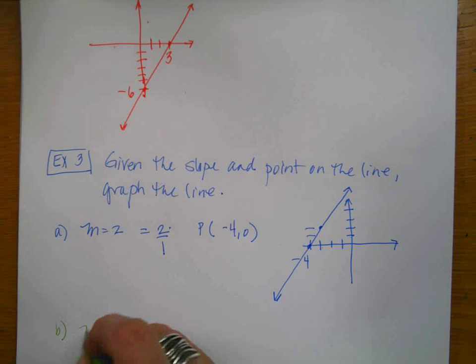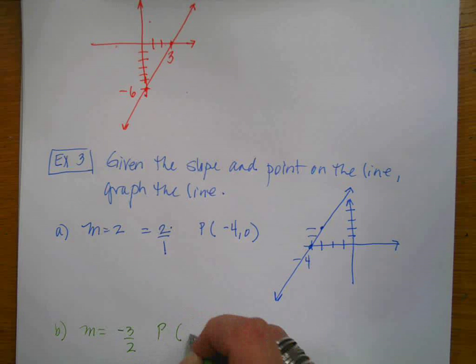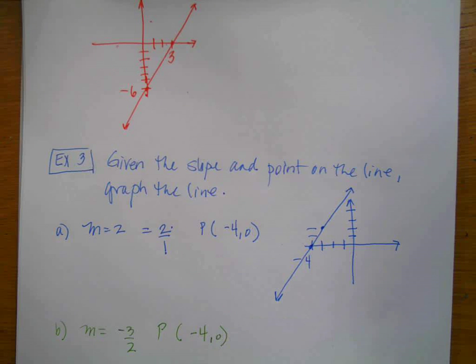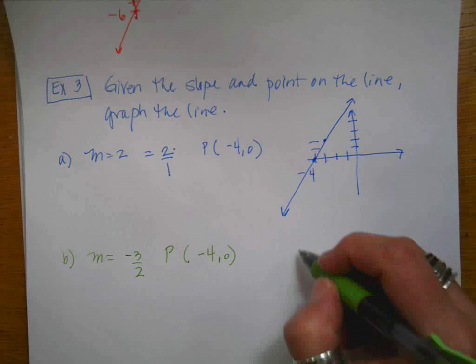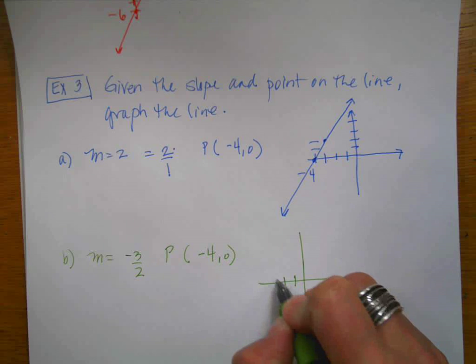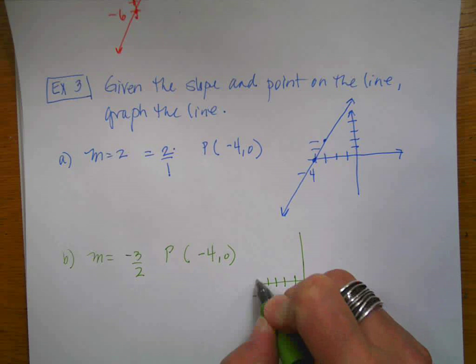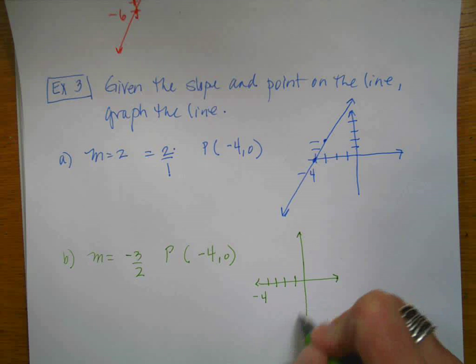All right, for the second part of this example, your slope is going to be a negative 3/2, and your point is going to be the same point, (-4, 0). So again, when I start doing the problem, I'm going to plot the point first. So I'm going to have 1, 2, 3, 4. So there's my negative 4. Put my arrows on.